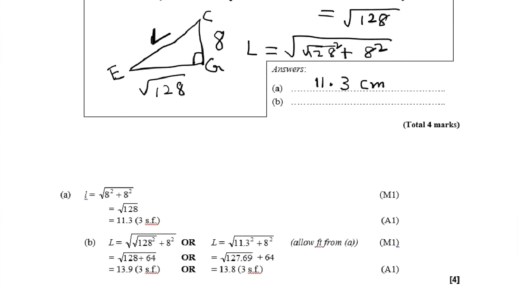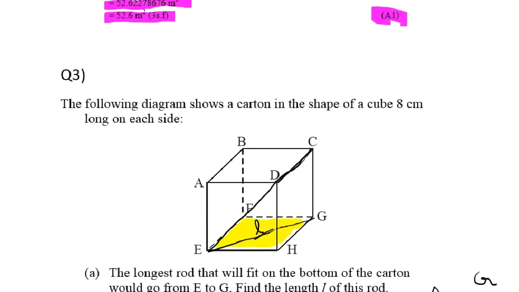Square root of 128 squared plus 8 squared is equal to 128 plus 64. Then the final answer is 13.9 centimeters. That is the longest rod that can fit into this three-dimensional carton.